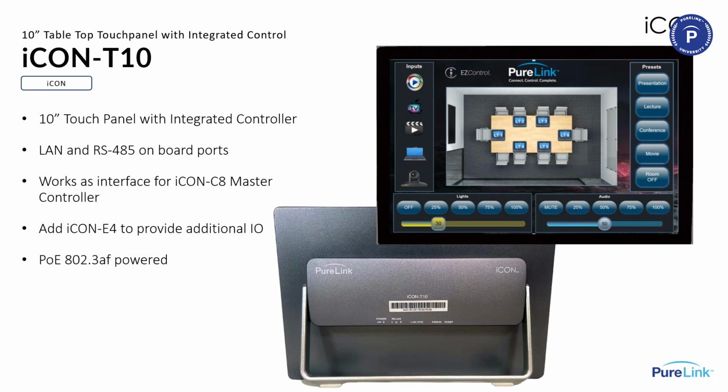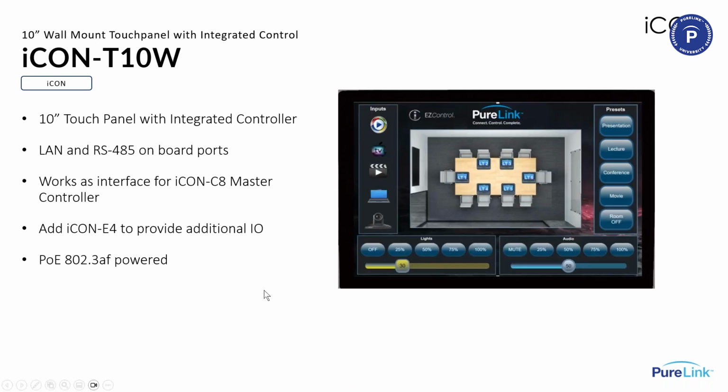And you can use the integrated controller, or you can use this as a slave interface to the iCON C8. And if you do want to use the T10 as a controller and you need more control ports, you can add the E4 expander.